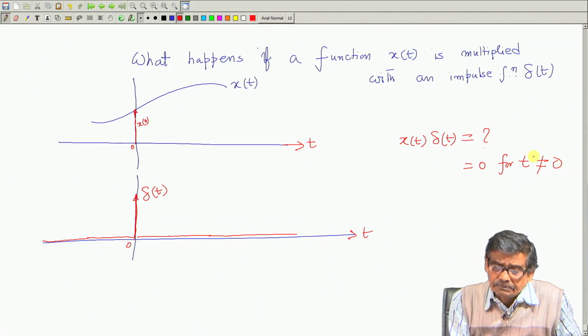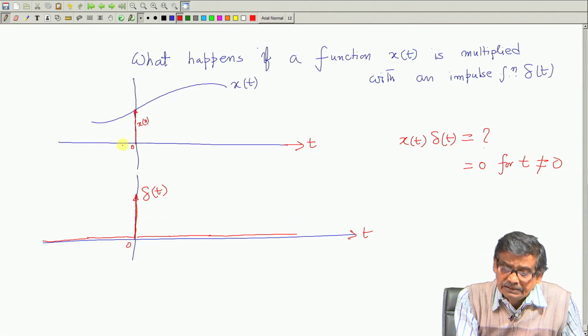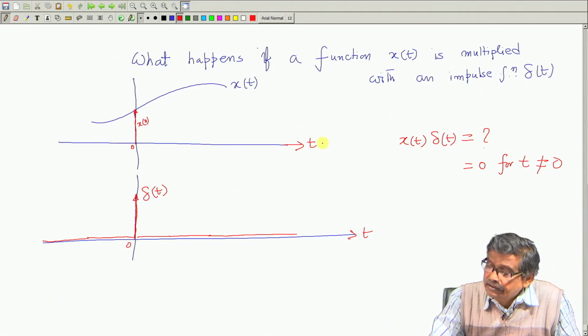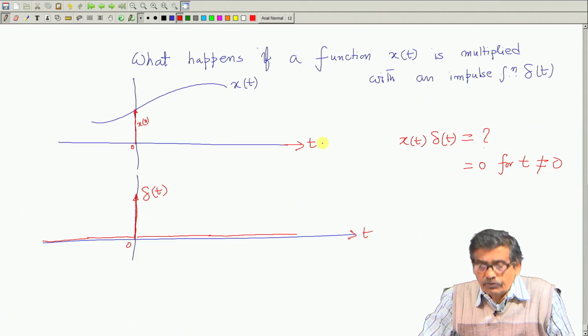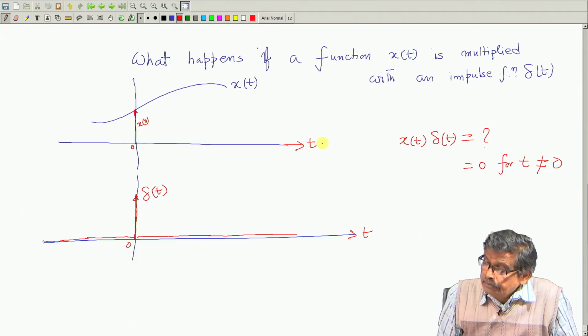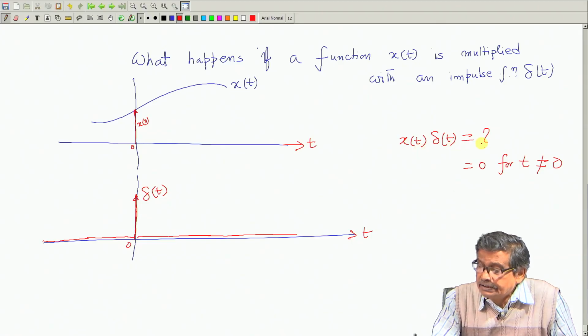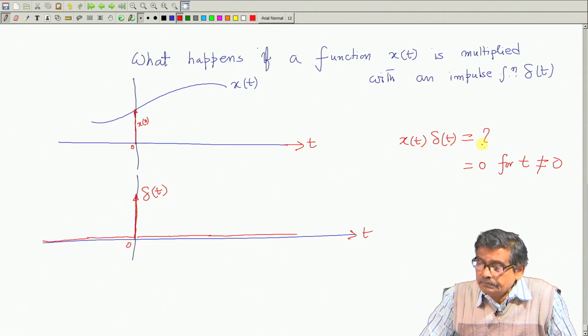That is certain, because you are multiplying with 0 for t less than 0 as well as for t greater than 0. So, that will be 0, I know for certain. Then what is the value of x(t) into delta(t) at t equal to 0?